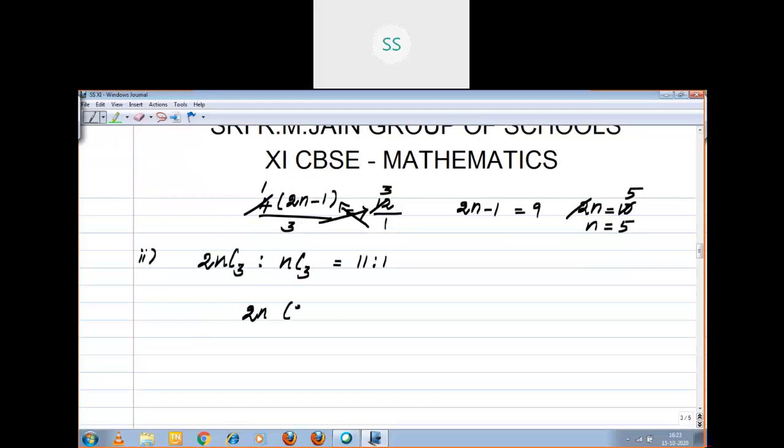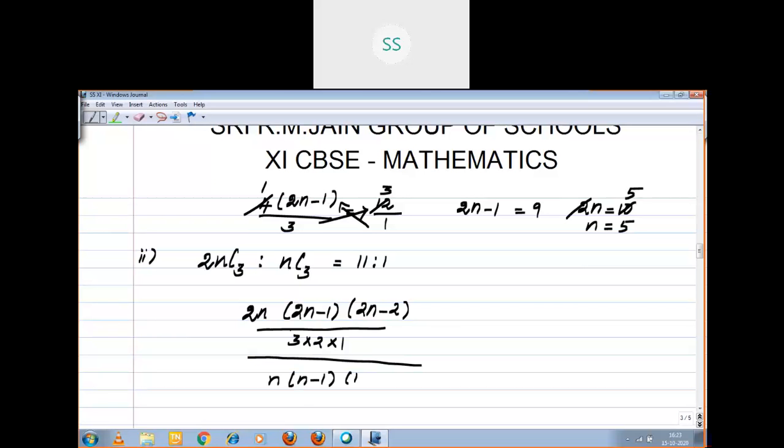That is 2n, 2n minus 1, 2n minus 2 divided by 3 into 2 into 1, the whole thing divided by n into n minus 1 into n minus 2 divided by 3 into 2 into 1 equal to 11 by 1. See, 3 into 2 into 1 cancels.